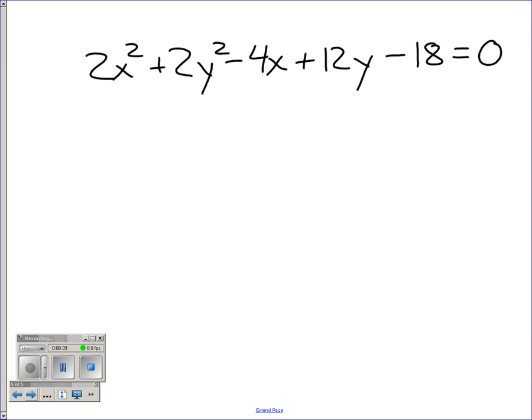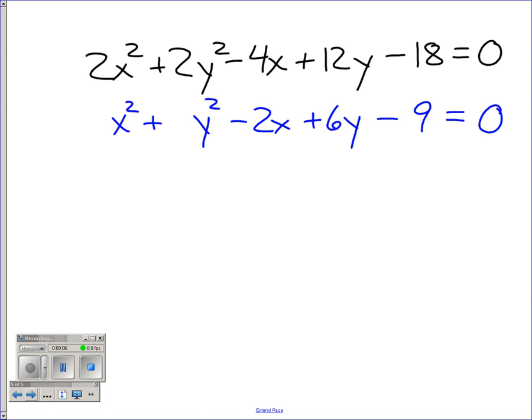Okay, now the very first thing that you want to look for is, look at all those numbers. I got 5 numbers there, and every one of them is even. So divide both sides by 2 initially, and come up with x squared plus y squared minus 2x plus 6y minus 9 is equal to 0.